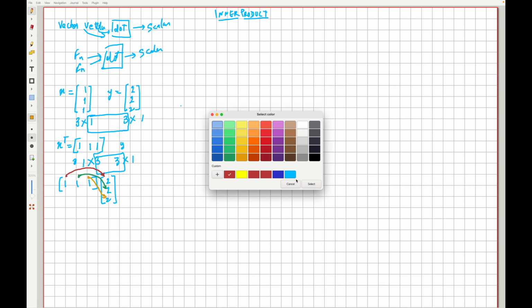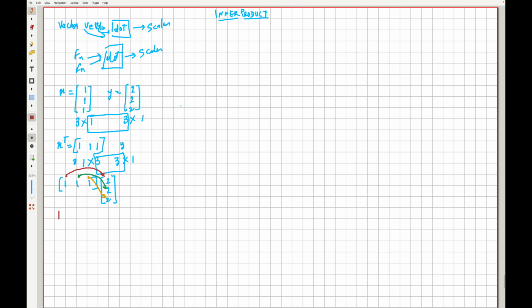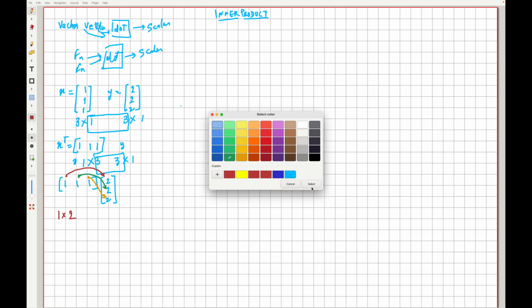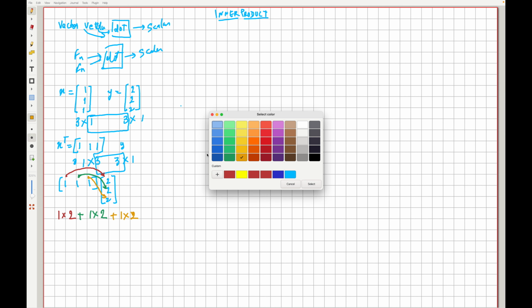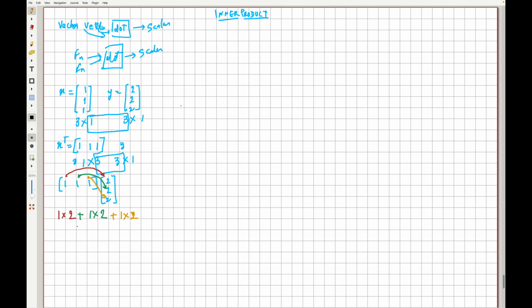So what we get in the end is this 1 times 2, that's that one. Then we have a plus 1 times 2, that's the second one. And finally we have the 1 times 2, that's the last one. And so if we add all of these up, what we get is 2 plus 2 plus 2, that is equal to 6. And so the dot product of, or inner product of x and y is 6.